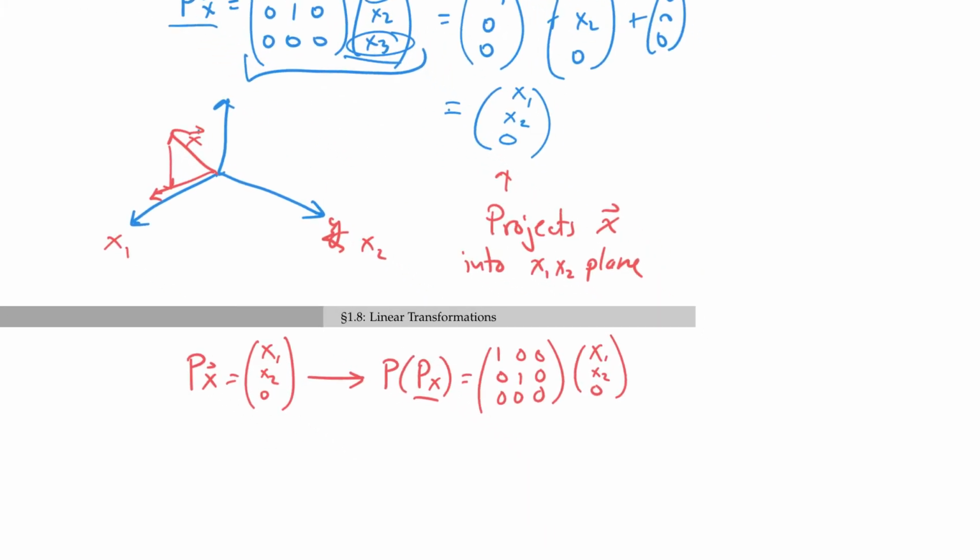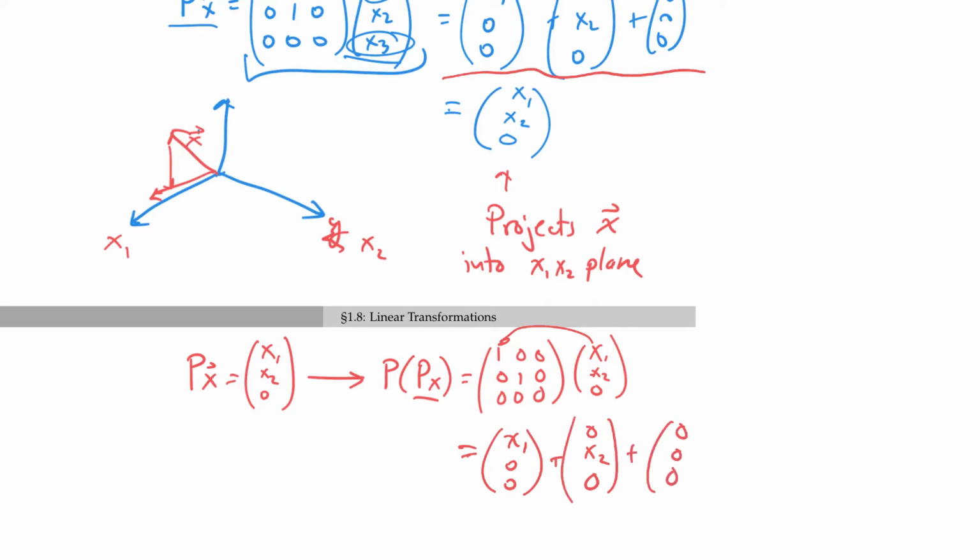Doing the same thing with my vector equation decomposition above, that's x1, 0, 0, because that weight goes to that column. This weight here goes to the second column. And the 0 weight goes to the third column. And lo and behold, I get x1, x2, 0.